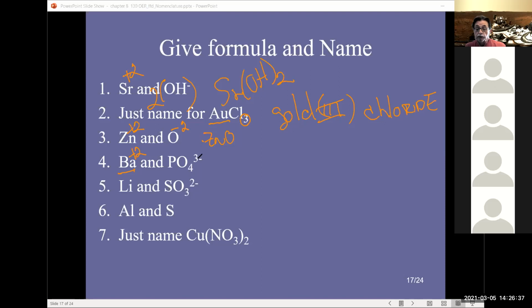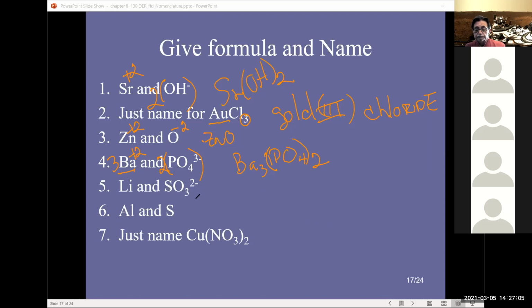And that common number will be 6 again. So we're going to need 2 of the phosphates and 3 of the bariums. So we're going to need a parentheses for the phosphate because we're using more than 1. And so we end up with Ba3(PO4)2. Okay.